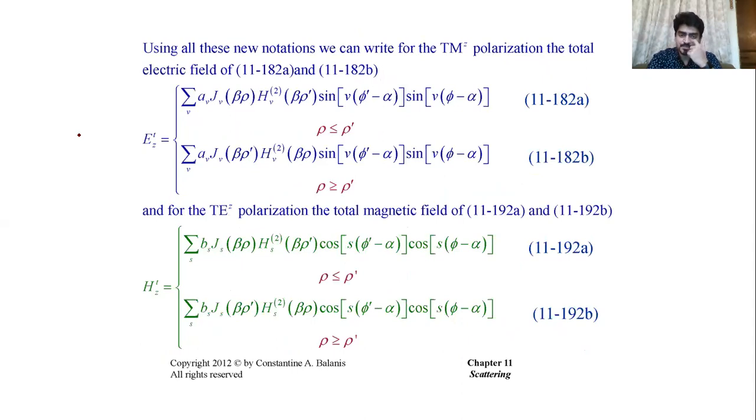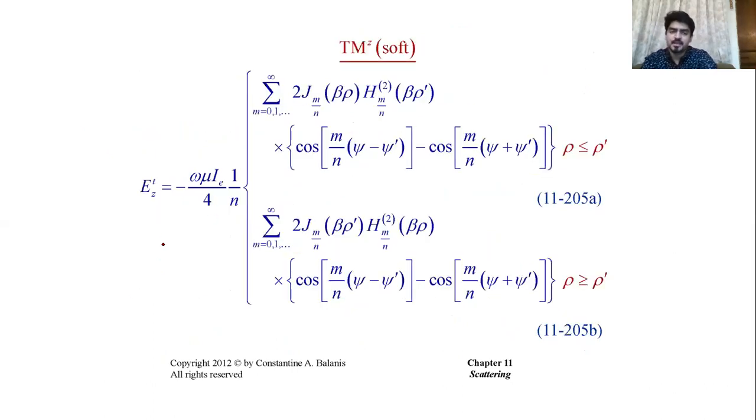So this was the previous expression for ETZ, and this is for HTZ. The first one was for TM to Z polarization, soft polarization. The other one was for TE to Z polarization, hard polarization. For TM to Z, soft polarization, this will be your new expression for two regions.